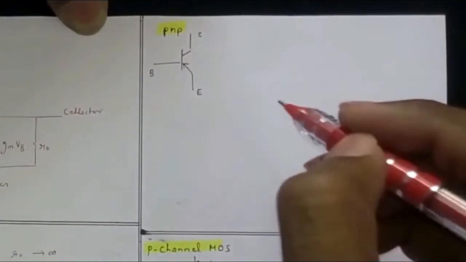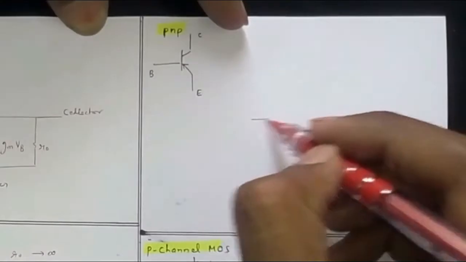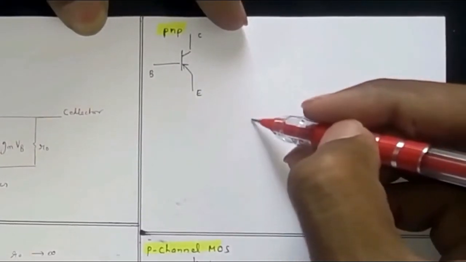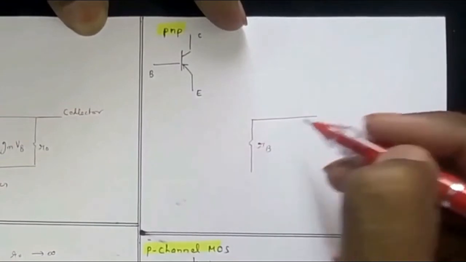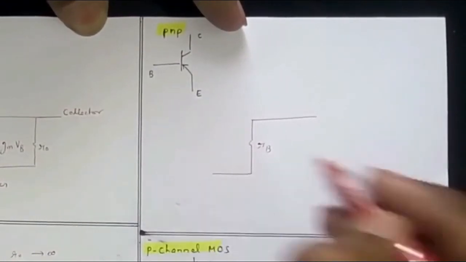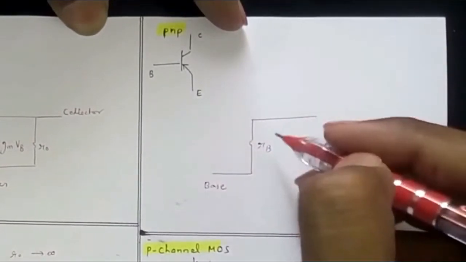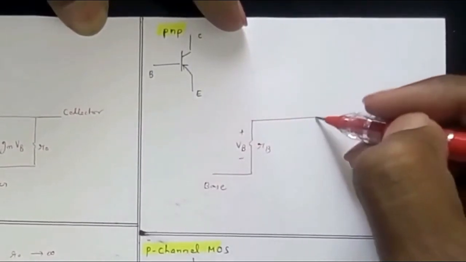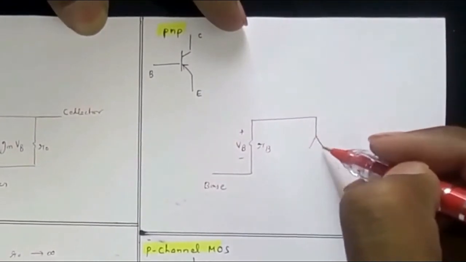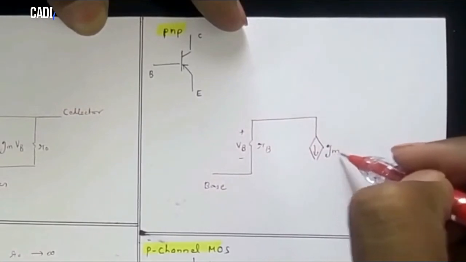Okay, now moving to the PNP transistor. We have again the small signal resistance between the base and emitter terminal. This terminal is base, and this voltage is VB, and the dependent current source here has the value GMVB.